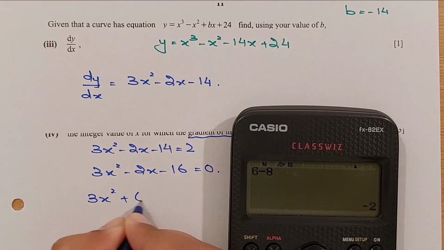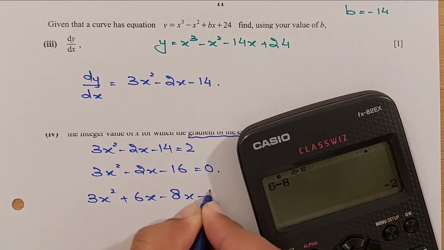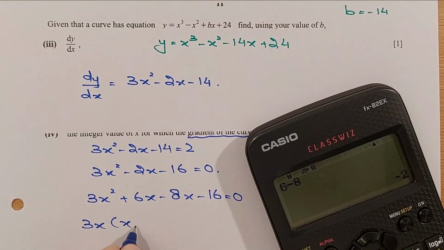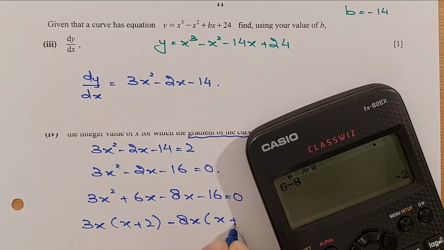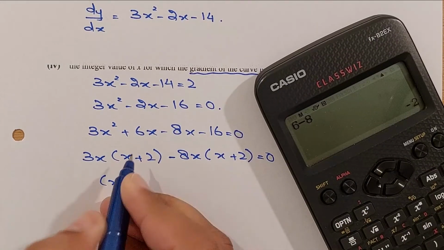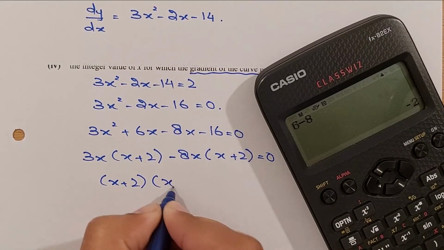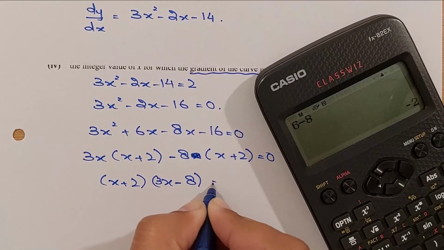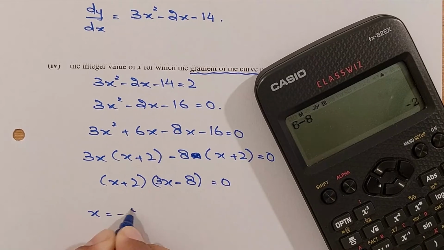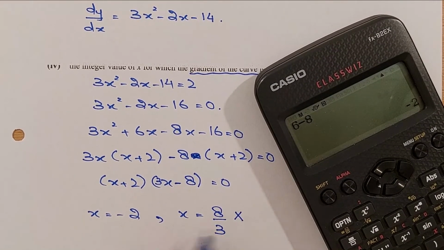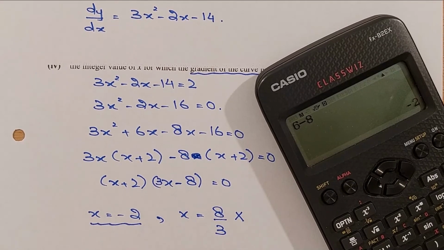So 3x square plus 6x minus 8x minus 16 equals 0. 3x is common, x plus 2; 3 times 2 is 6; minus 8 is common, so x plus 2 equals 0. So the factors are x plus 2 and 3x minus 8, equal to 0. x equals negative 2 and x equals 8 by 3. This is not an integer value. We are just selecting x equals negative 2.